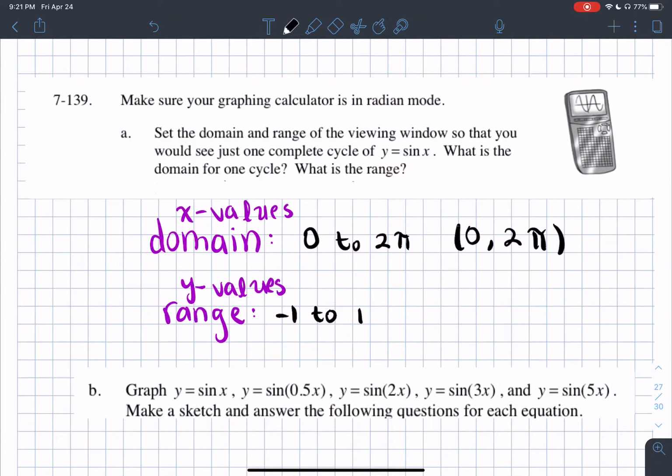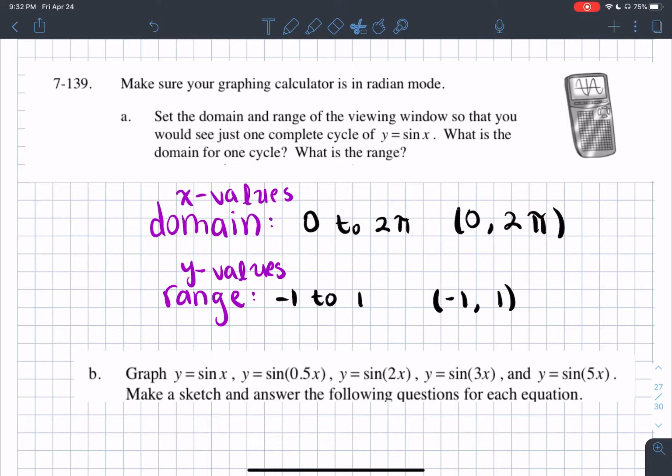In interval notation, it would be -1, comma, 1. So our domain goes from 0 to 2 pi, and our range goes from -1 to 1 for one complete cycle of sine x.